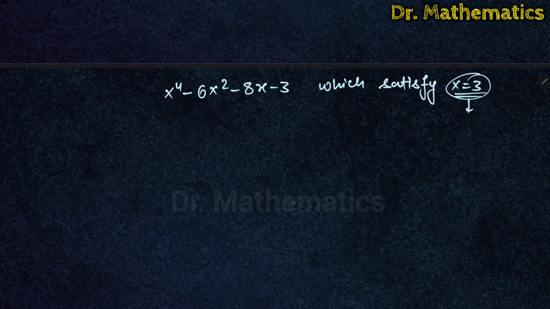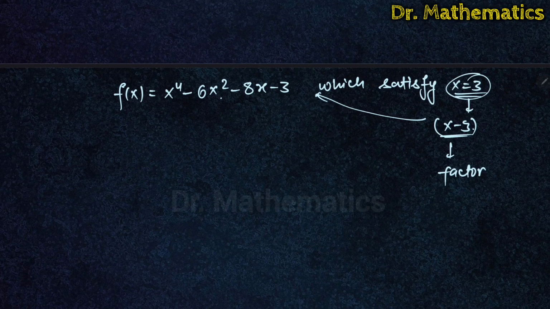So we can write that x minus 3 is a part of this, and we can divide by it. x minus 3 is a factor of this equation. This is f of x. We can see x minus 3 is a factor of f of x. Okay, let's prove it.